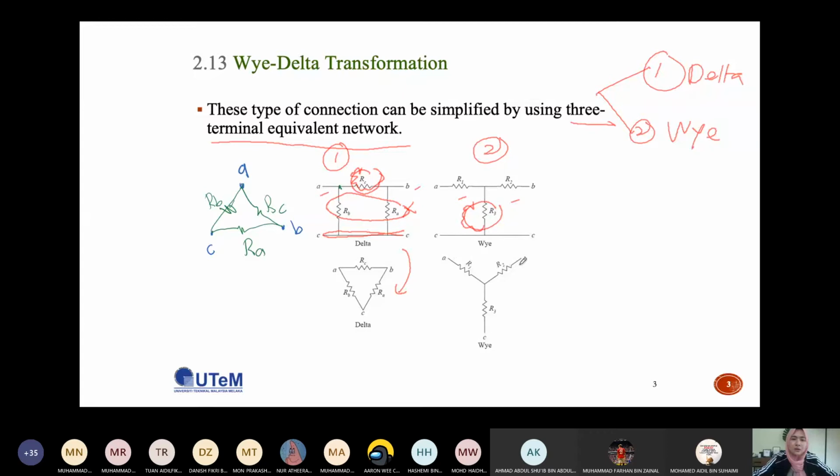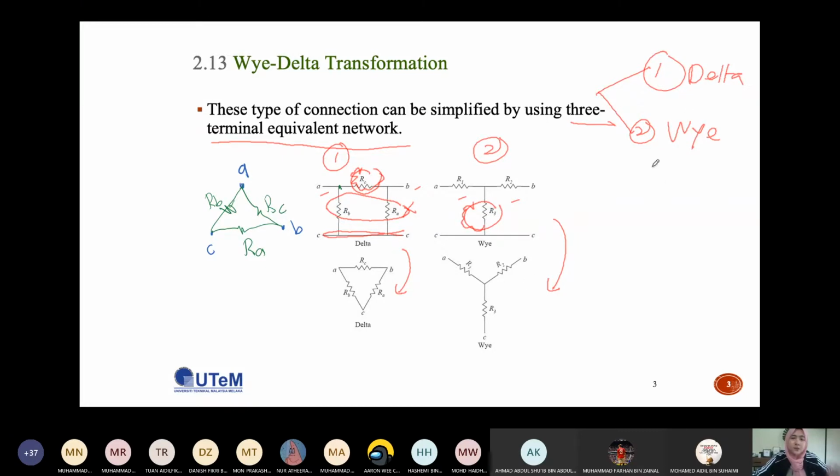So you redraw, you will get something like this. Okay, so if you look at this figure over here, this is a delta, we call as delta network, and you can see that this is a Y. That's what we call as the Y network.